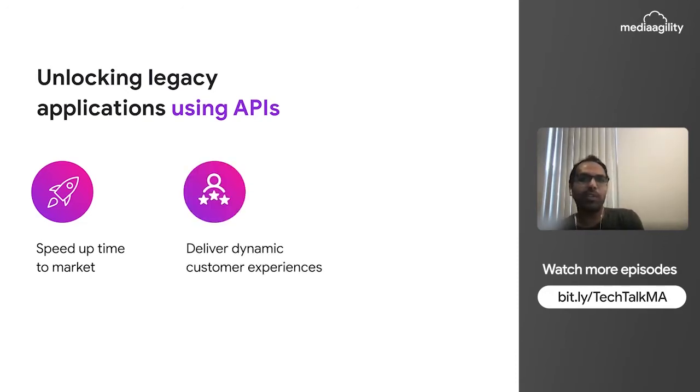Using the API-based approach, you can deliver a dynamic customer experience. For example, you may want to distribute only a few APIs to your customer and infuse some customer-specific logic. Instead of changing the code or making customer-specific changes in your legacy application, you can achieve the same in the APIs.